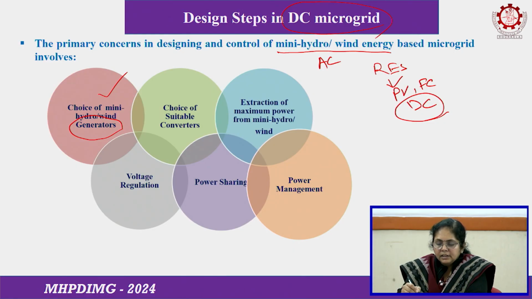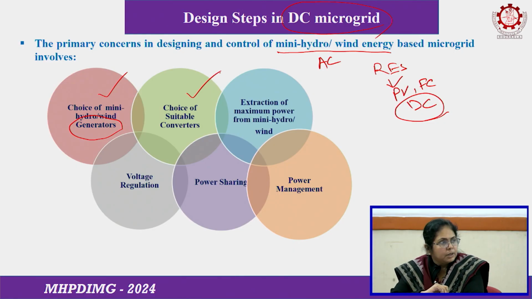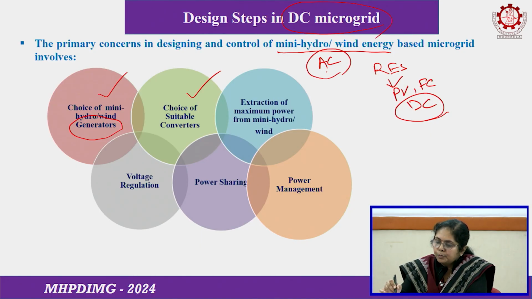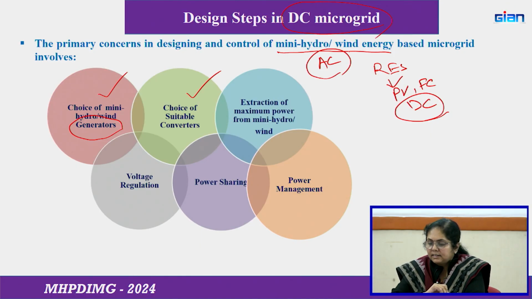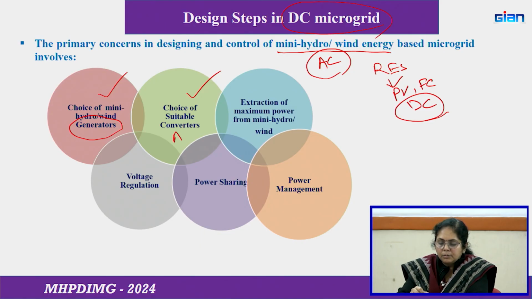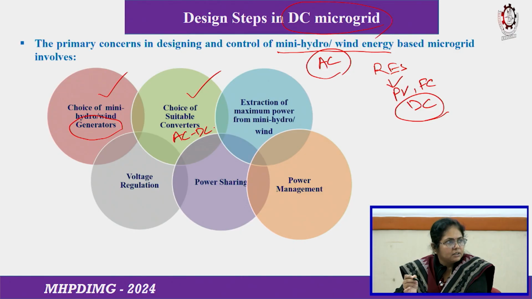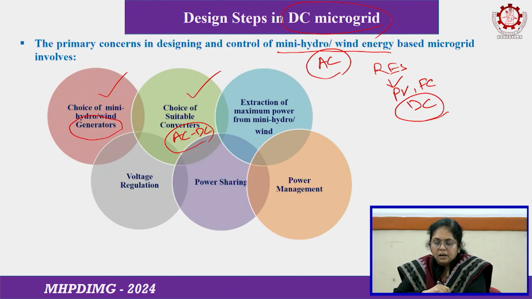Then you have to choose a suitable converter. As the output for both these sources is AC, we have to go for AC to DC, and then depending on your bus voltage, whether it will be buck or boost operation will be decided.